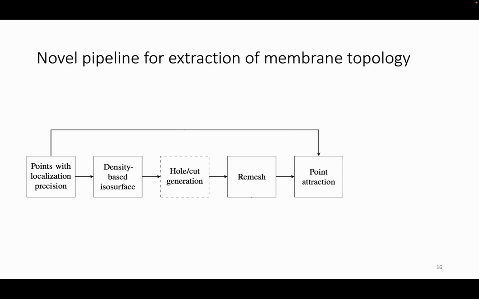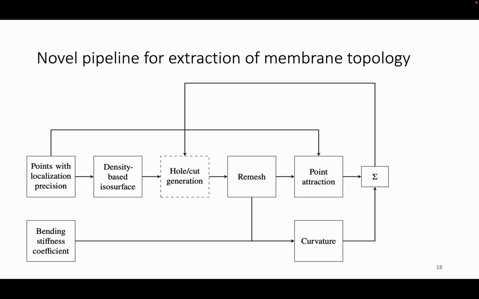Then we can use the point attraction force to start bringing the surface towards the point locations subject to their localization precision. At the same time, we can look up bending stiffness coefficients for the lipid mixture of our membrane in the literature and feed this into a bending force, which helps make sure that the membrane remains smooth and doesn't bend in a way that an actual membrane couldn't bend while it's getting pulled towards these points.